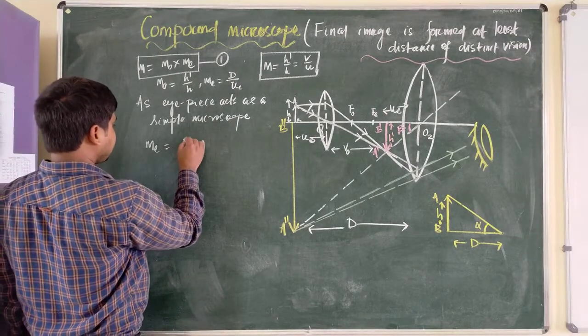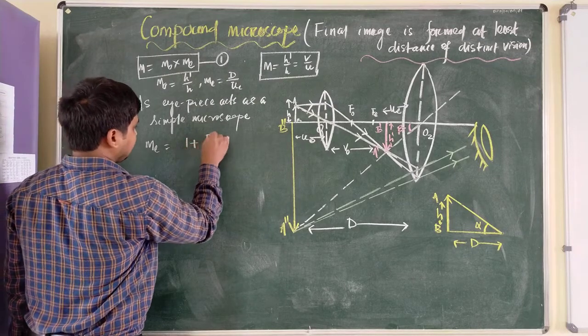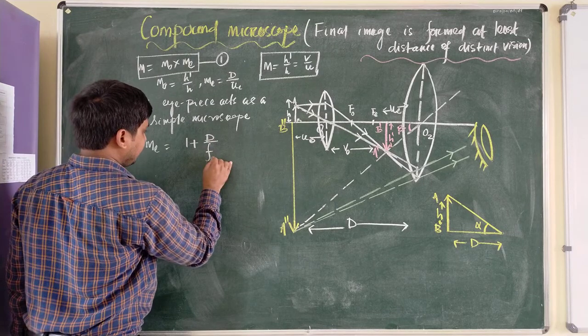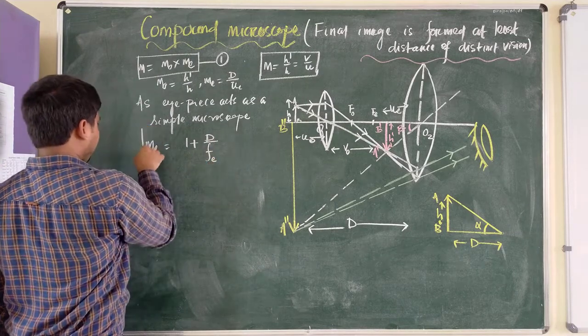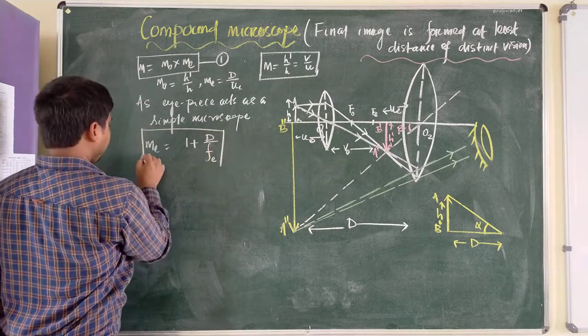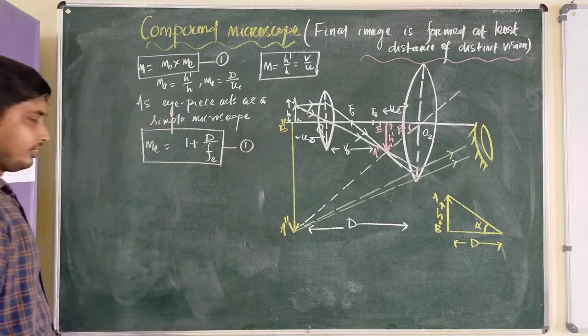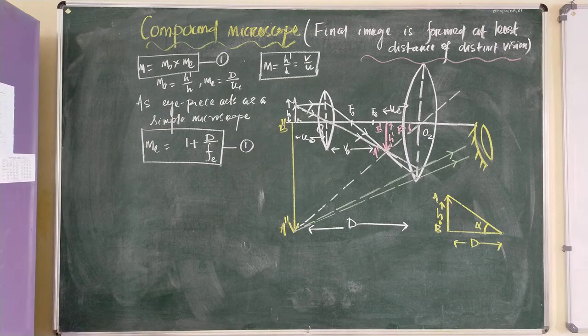So here the magnification of the eyepiece will be 1 plus D by F, and this will be the focal length of the eyepiece. So the magnification ME is 1 plus D by FE.